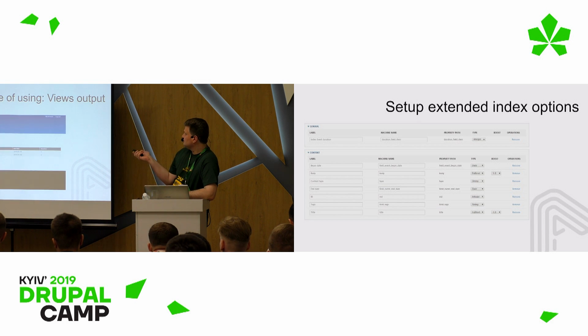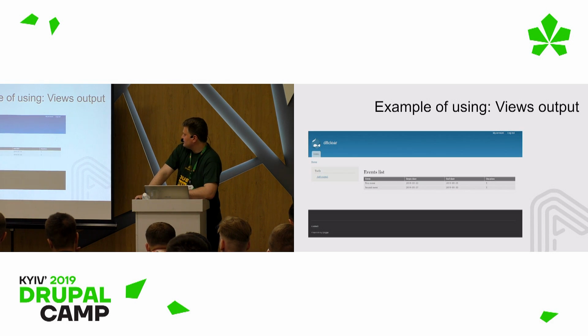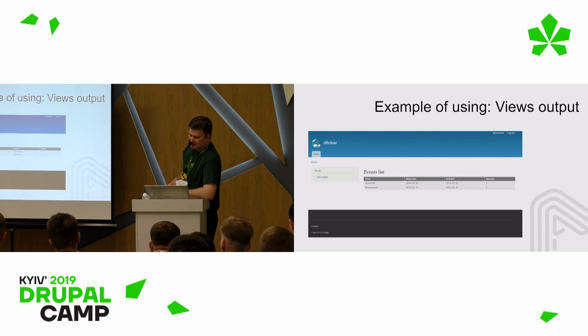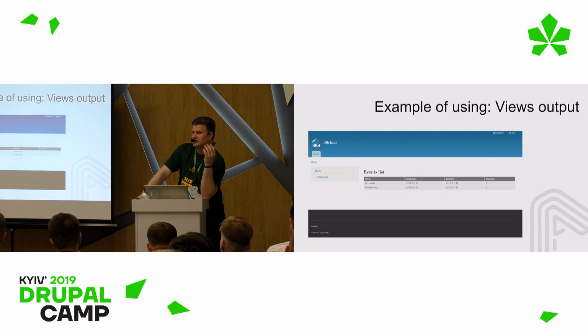And here you can see the result of this. It's just a simple view. It's a table, and you will see begin date, end date, and duration, which was calculated inside our custom code.